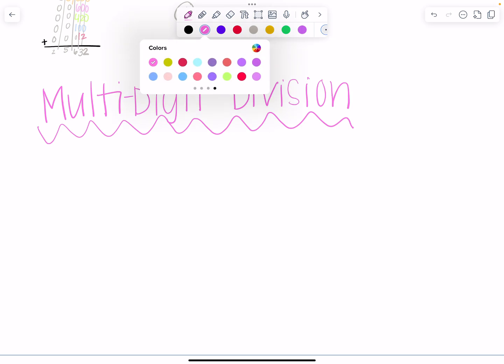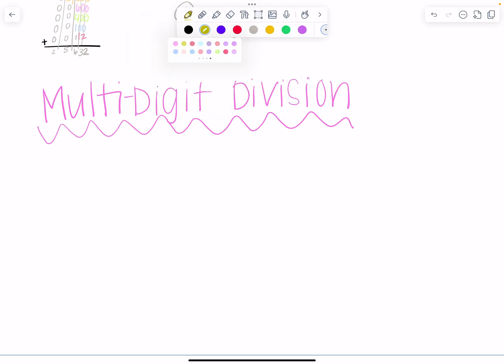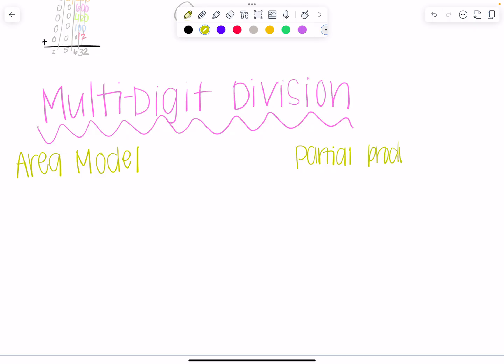And again, we're going to have two different ways. We're going to have the area model and our partial quotients, not partial products, my bad, which, as I told y'all, I like to refer to as the big 7.